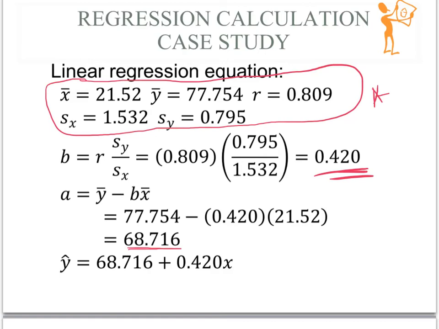So y hat equals 68.716 plus 0.420x. That is our regression line. That is the equation for the line of best fit.